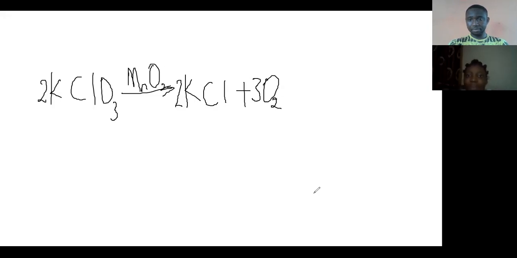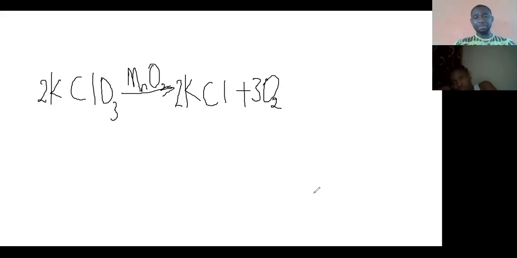That's we heated up the salt containing the anion. We heated up KClO3. Exactly what it means.